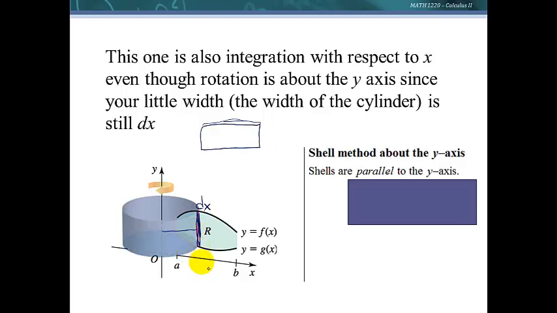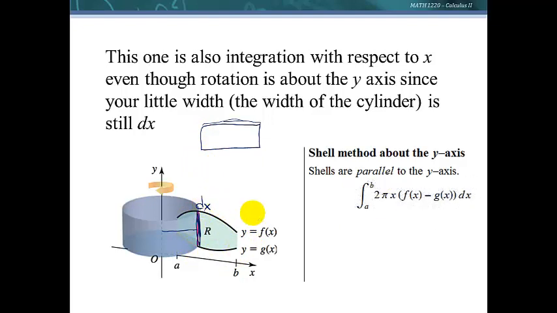And then we see our height is going to be this upper function minus this lower function, and then we've got our little thickness dx. So here's our circumference, 2 pi x. Here is our height, f of x minus g of x, and our little thickness dx.